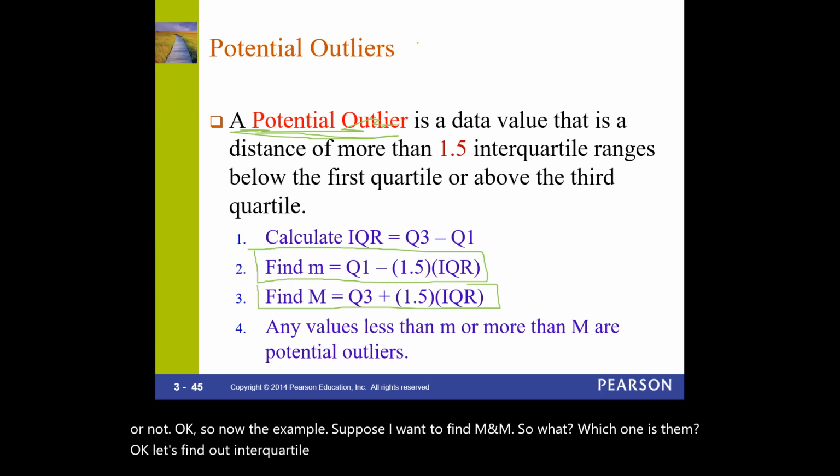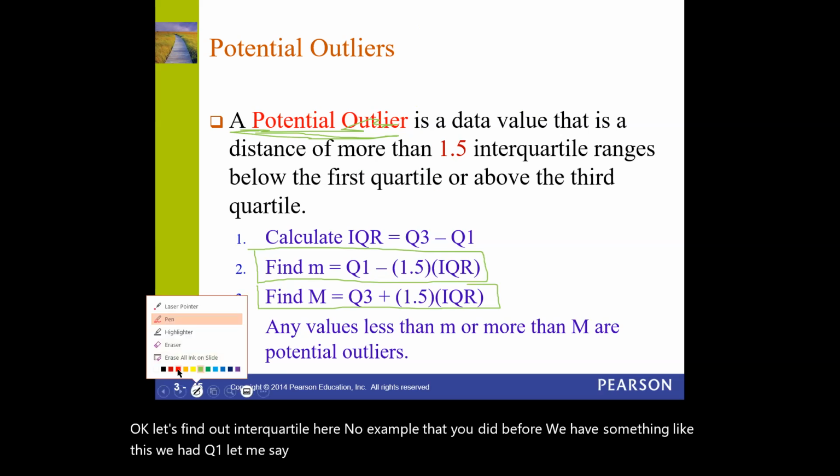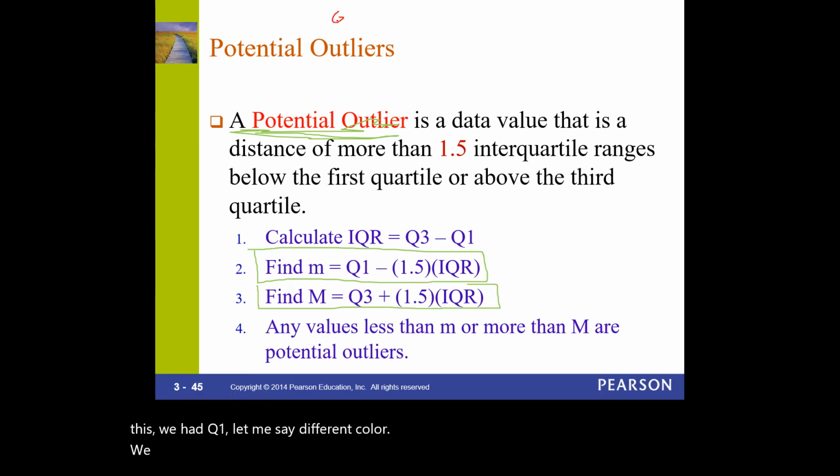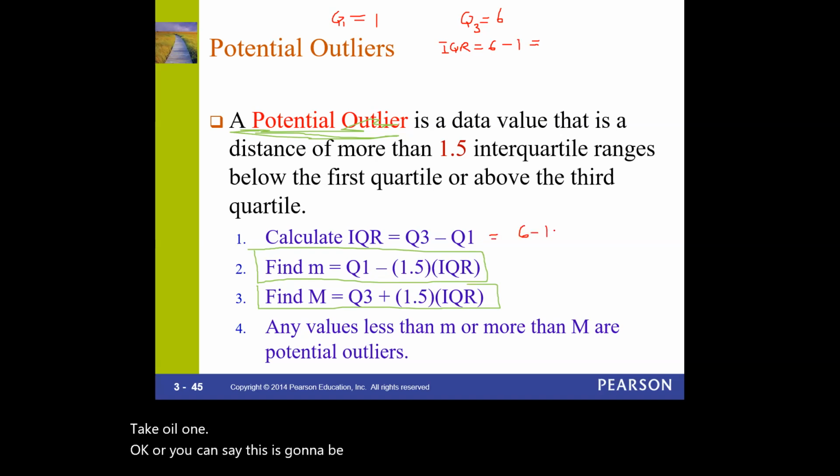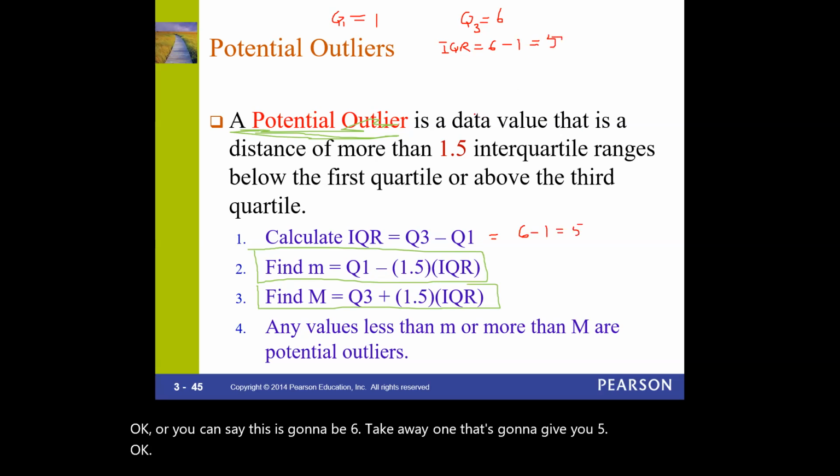In the example that you did before, we had Q1 equal to 1 and Q3 equal to 6. That means the IQR will be 6 take away 1, which gives you 5. That's the IQR, or interquartile range.